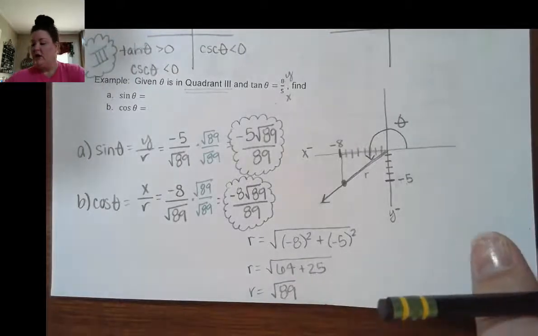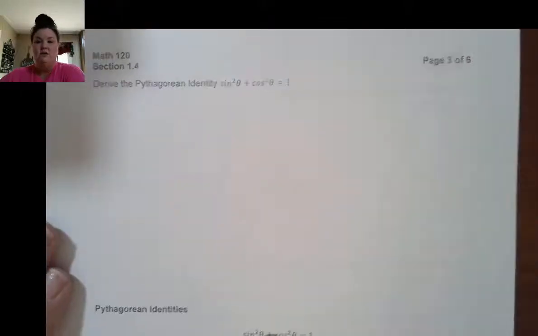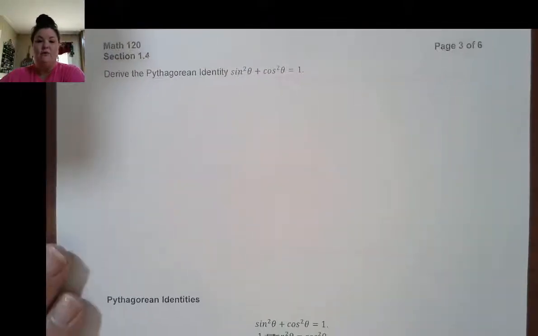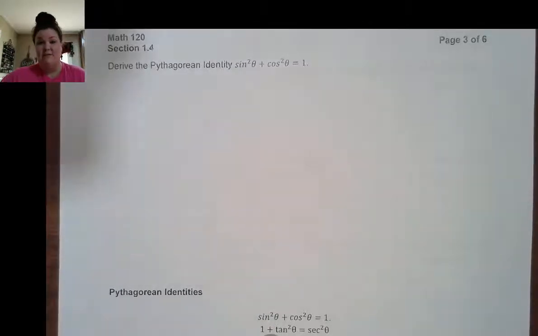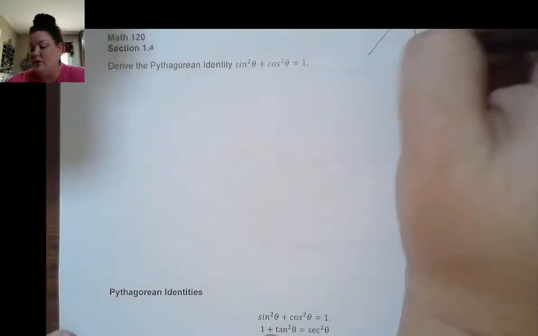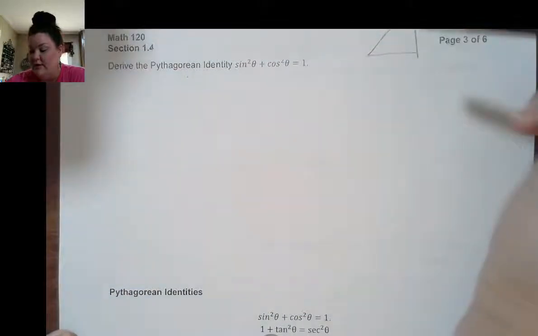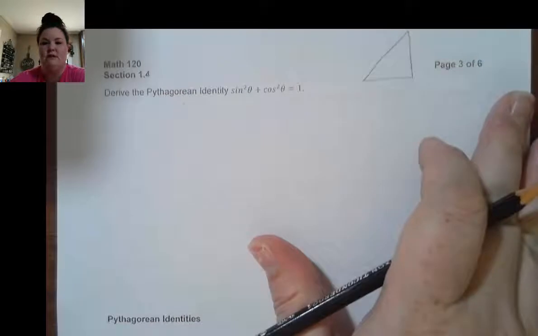All right, so now let's look at some Pythagorean identities. What's good about these identities is if you ever forget them, they can all be derived from the Pythagorean identity. Okay, so I'm going to start, remember when we had a triangle that we drew from an angle, right? Let me move my triangle down so you can see it.